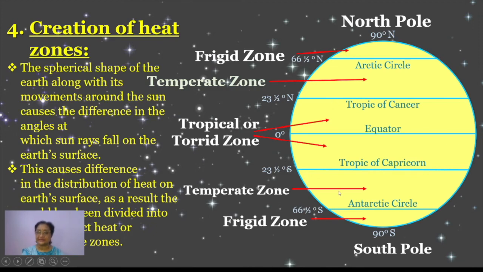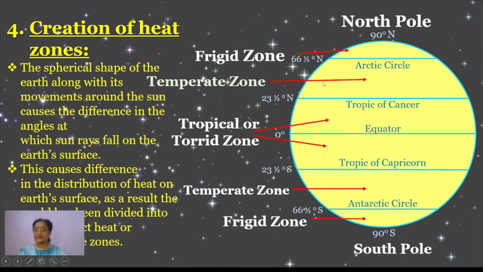Between the 2 tropics, Tropic of Cancer in the north and Tropic of Capricorn in the south, this entire portion of earth is called torrid or tropical zone because it is the hottest zone. Why? Because the sun rays fall straight in between these 2 tropics only throughout the year. Never are straight sun rays received beyond the 2 tropics.